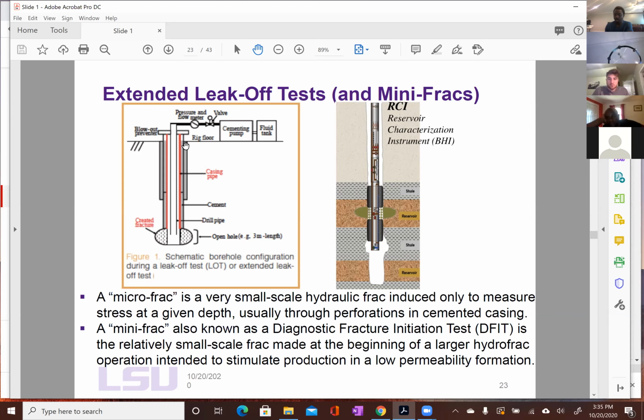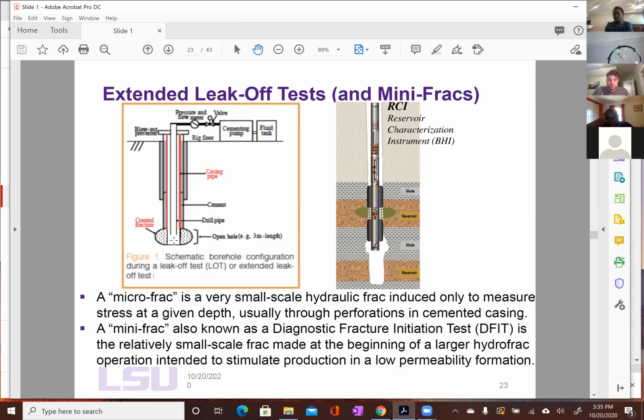But for the leak-off test and the extended leak-off test, you will drill further down into the formation. So you're looking at an open hole completion. Then you begin to pump fluid systematically.